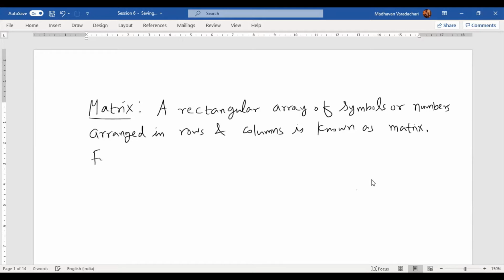For example, I can say capital A equal to, with the box brackets, I may write some numbers, some symbols.